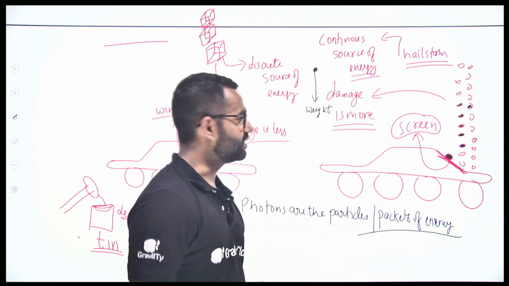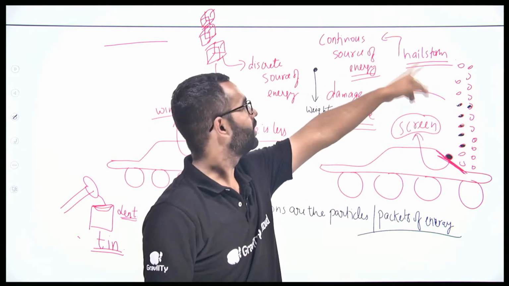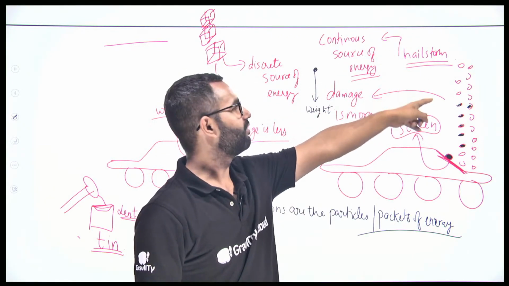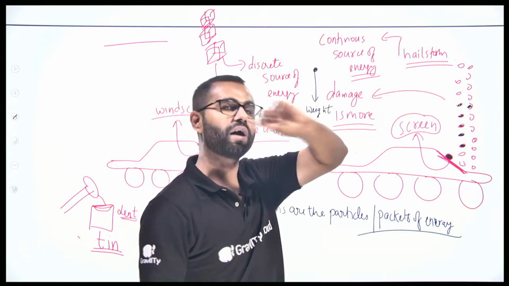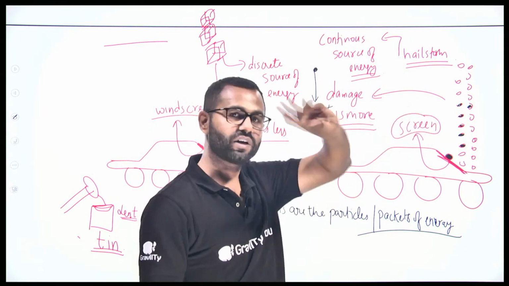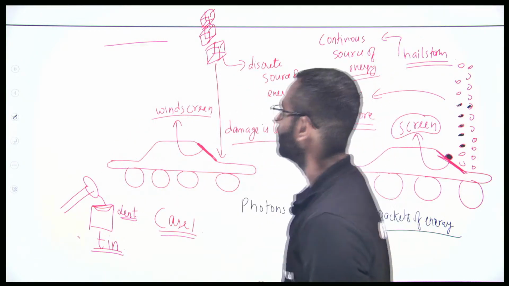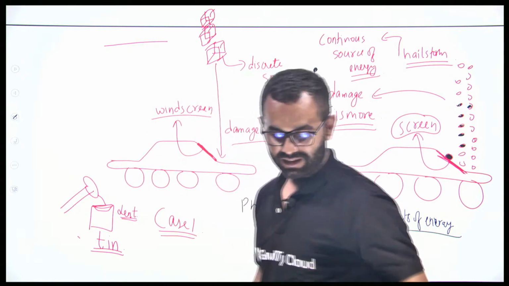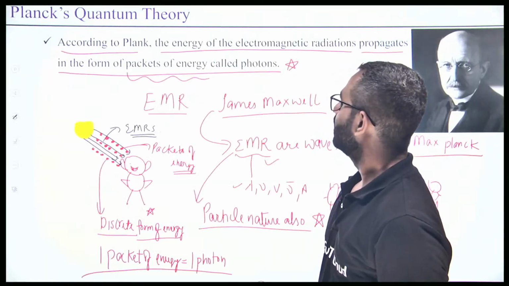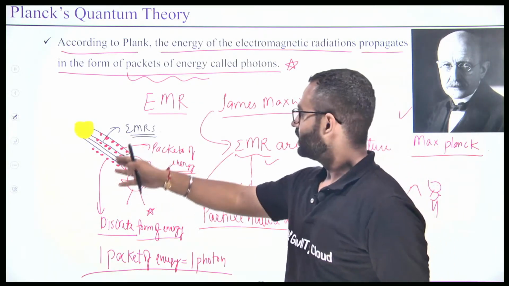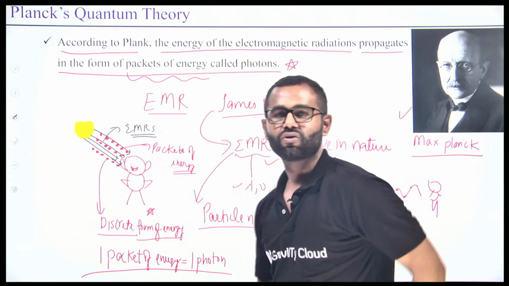Understood? Just like in this hailstorm, the hail, the snow particles, are the packets of energy, in the case of radiations, photons are the packets of energy.